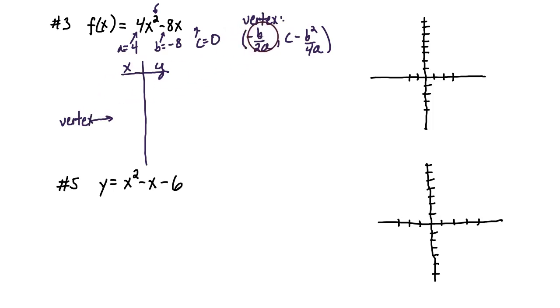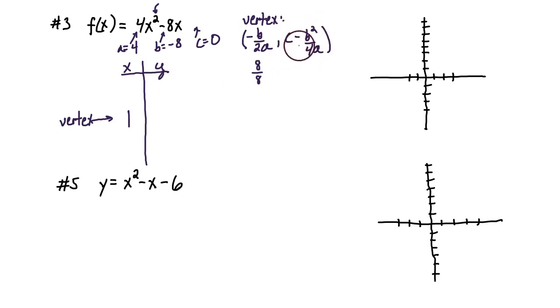To get the X value figured out, we're going to use the formula negative B divided by 2A. B is negative 8, so the negative of negative 8 makes positive 8. A is 4, so 2 times 4 makes 8. And 8 divided by 8 makes a 1. Now let's get the Y value of the vertex.